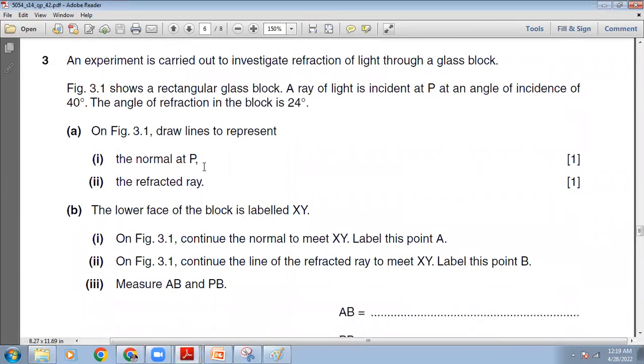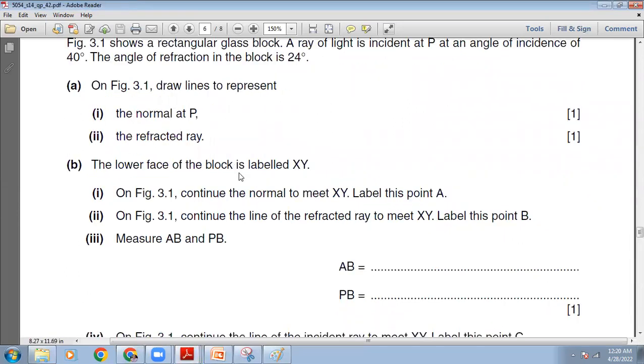An experiment is carried out to investigate refraction of light through a glass block. Figure 3.1 shows a rectangular glass block. A ray of light is incident at P at an angle of incidence of 40 degrees. The angle of refraction in the block is 24 degrees. On figure 3.1, draw the line to represent the normal at P and the refracted ray.